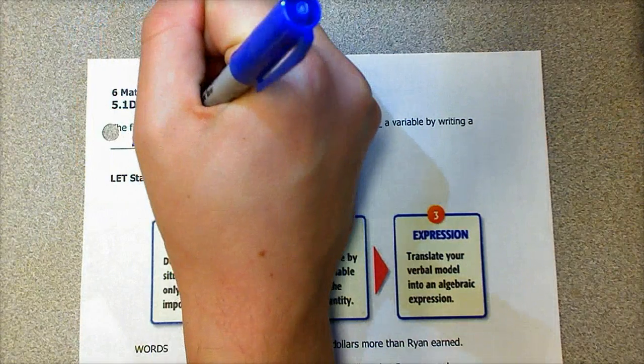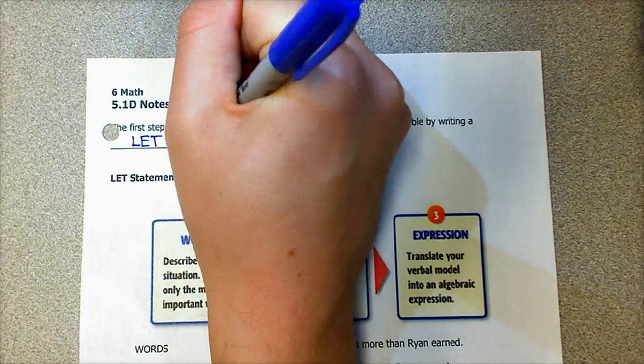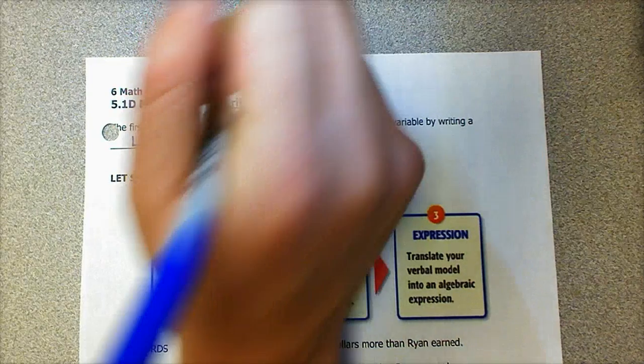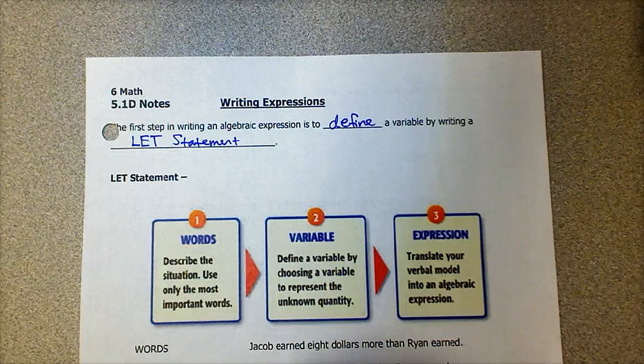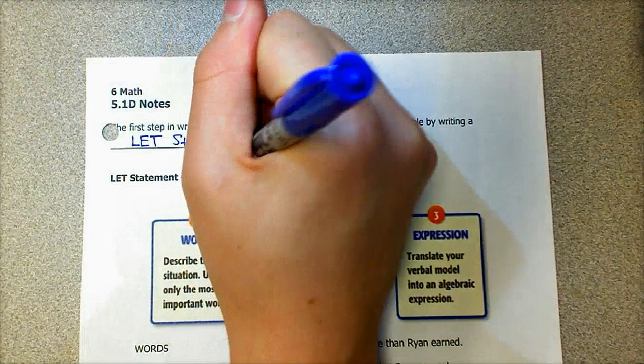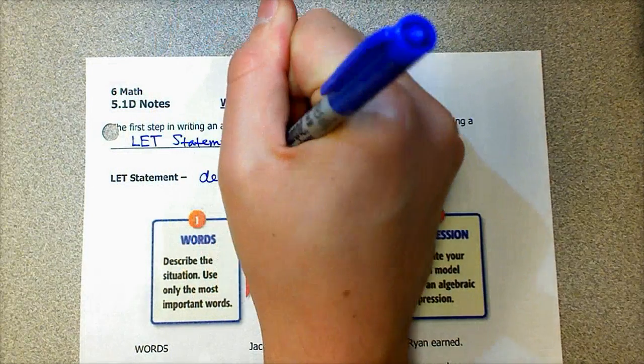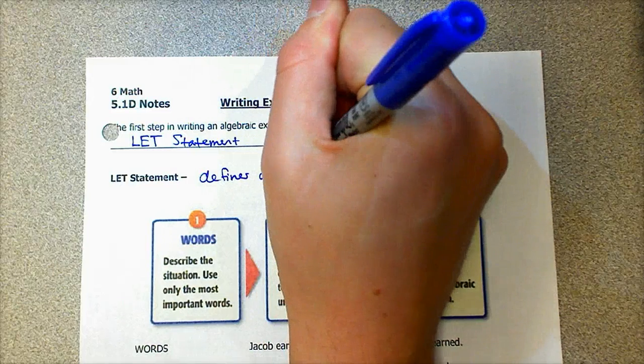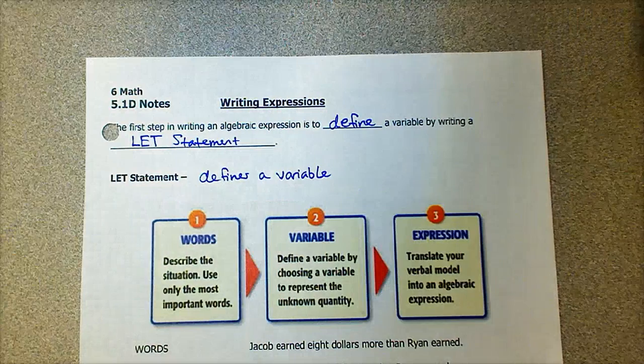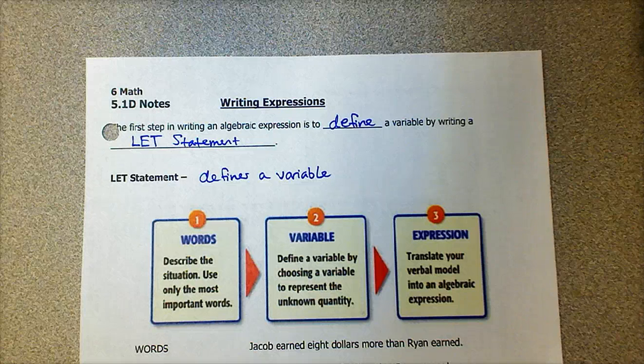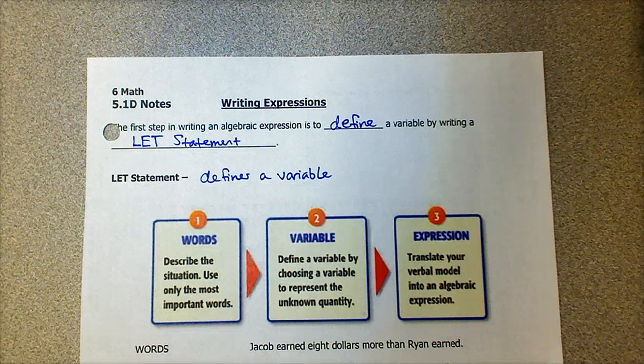So we're going to talk about let statements today and how to write a let statement and what a let statement is. So a let statement defines a variable. And remember, a variable is a symbol, again, a letter, used to represent a number in algebraic expressions. But it also represents unknown quantities when you're talking about word problems.